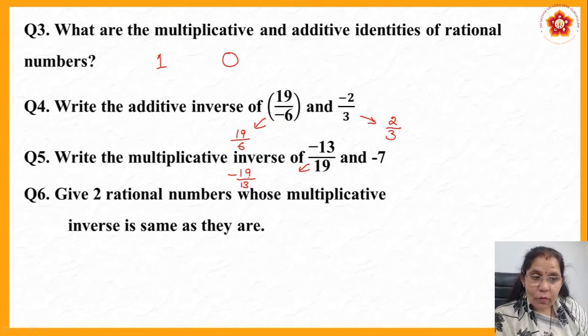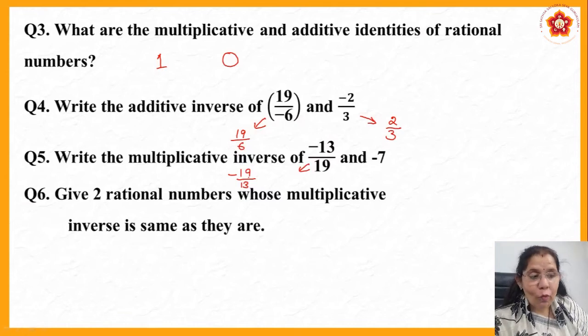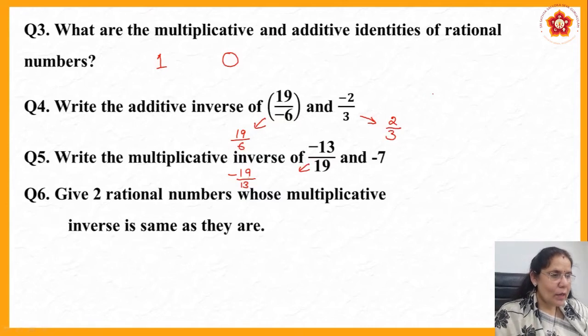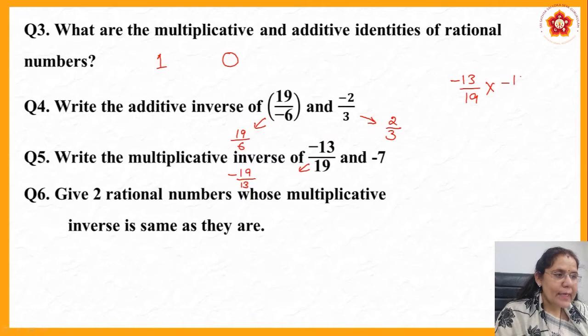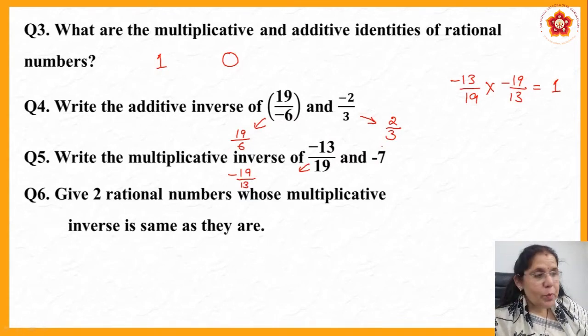Because when we multiply the given number by its reciprocal, or by its multiplicative inverse, the answer should come 1. So when you multiply minus 13 upon 19 by minus 19 upon 13, you will get the answer 1. Just see here, minus 13 upon 19 multiplied by minus 19 upon 13 will become plus 1. Minus minus becomes plus and all the numbers will get cancelled.